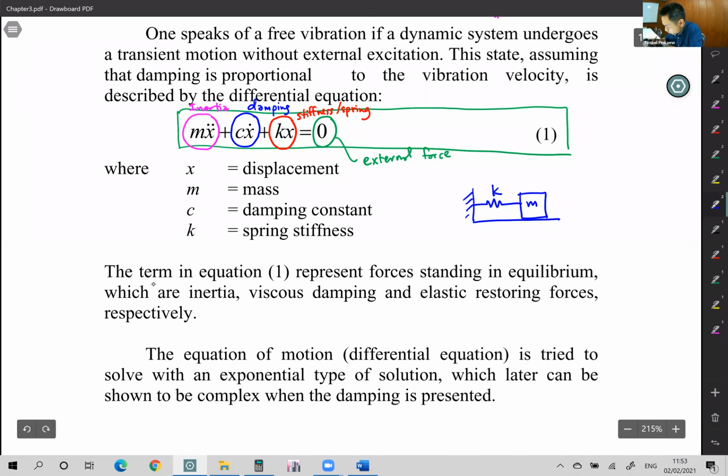I'm not so sure how to spell Coulomb. You can find it yourself, I'm not so sure if it's spelled like this, but in fact, it's a friction. This is a column, right?